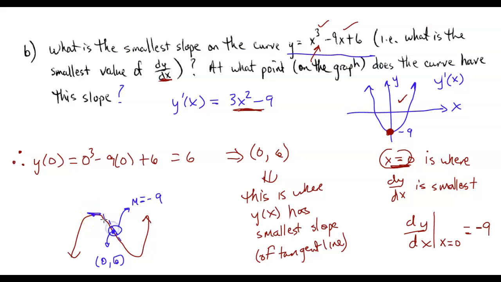But when it gets to this point, it's not going to decrease anymore. Okay. So if I was to draw slopes of tangent lines for all these other points, you'll see that the slope of the tangent line will be higher than -9.